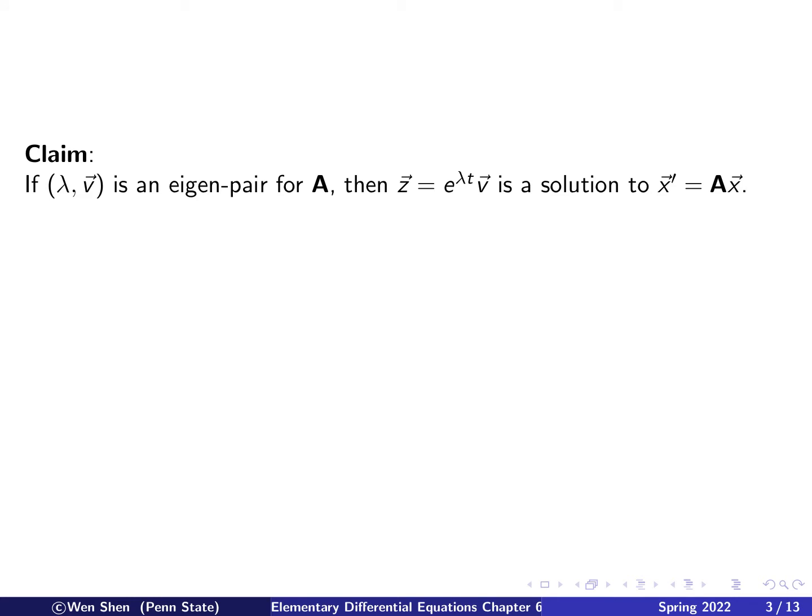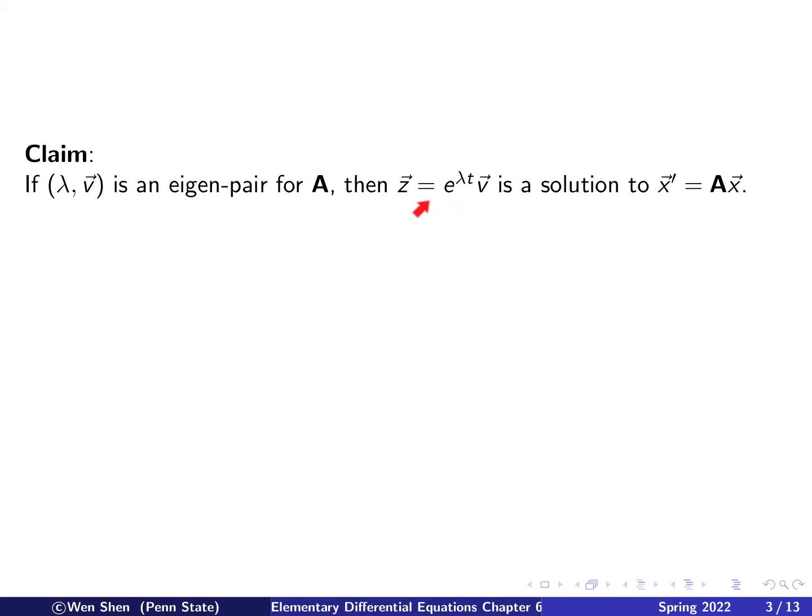We now make a claim, which is very important. If lambda, v is an eigenvalue and eigenvector pair for the matrix A, and here we are talking in the general setting, then one can define a vector valued function z to be e to the lambda t, which is the scalar value, times v, which is a constant vector, the eigenvector here.